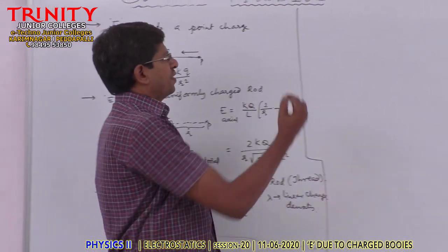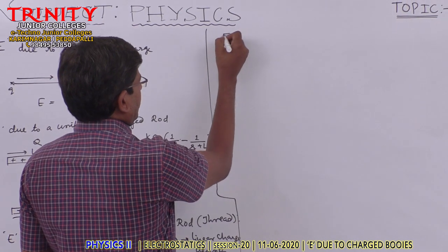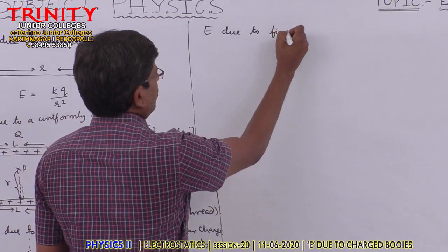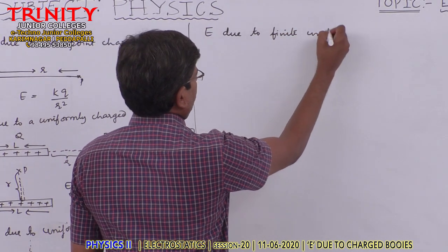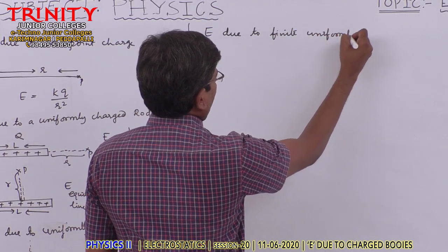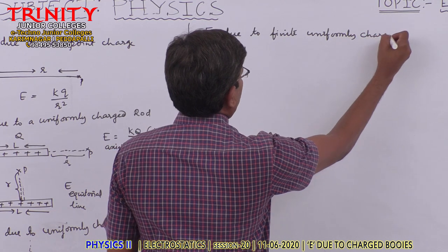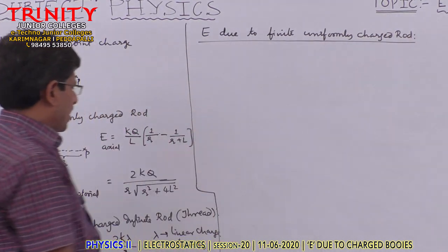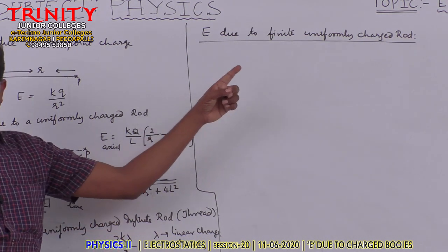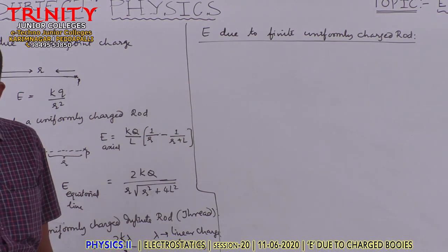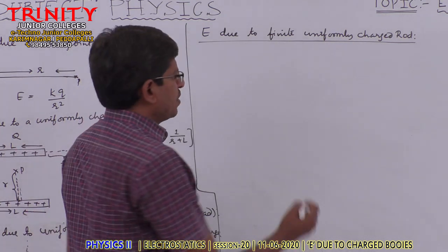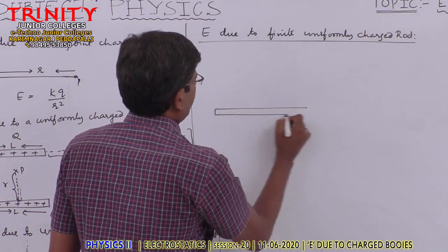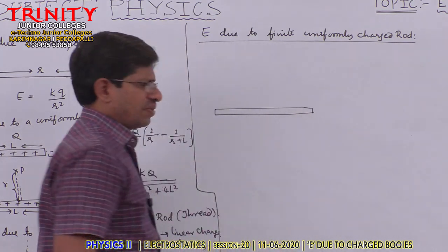Now, let us get into the next one, that is E due to a finite uniformly charged rod, and let us come to the infinitely charged rod from that condition again. Let us take it like this. This is a uniformly charged rod of finite length, not infinite length.